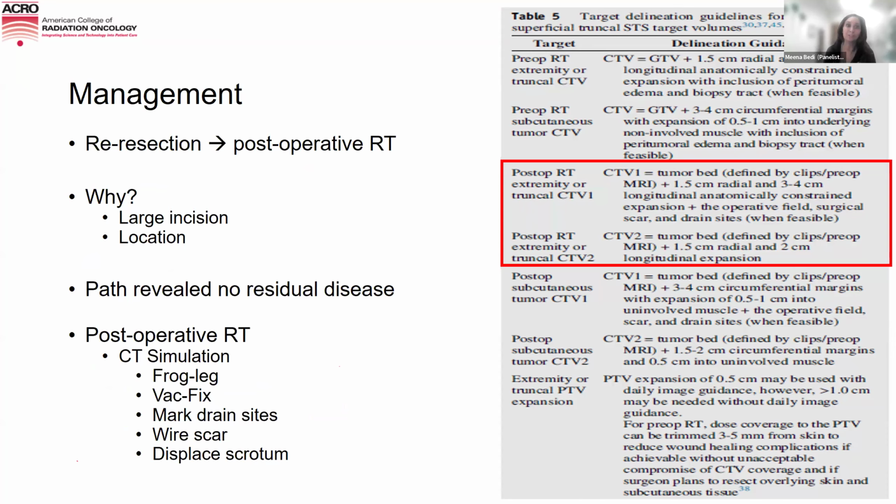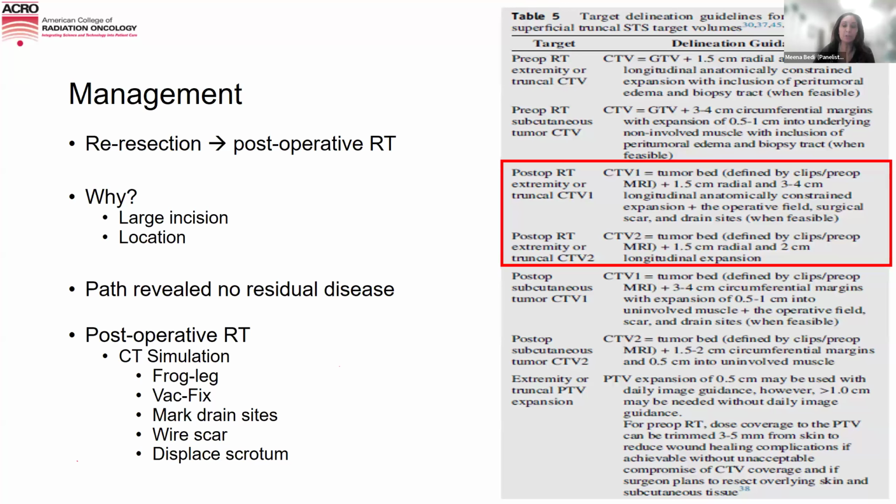Typically I'll try and recommend pre-op radiation followed by re-resection because it's a lower dose. You can try and get a smaller field size, but the caveat is, depending on where it's located and if they contaminated adjacent compartments, your volumes are quite big, whether it's pre-op or post-op. And pre-op for sure, you give 50 gray and they re-excise.